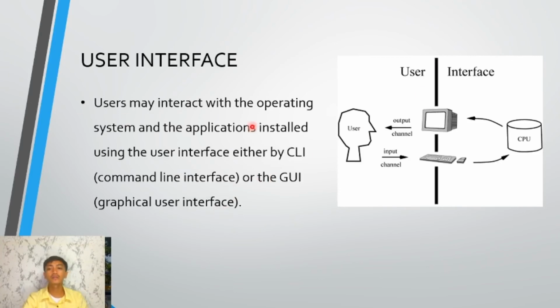It is what we can see on our screen right now, while a command line interface looks like a command prompt only, wherein you can only type commands in order for a computer to operate. So the command line interface is not as user friendly as the graphical user interface.